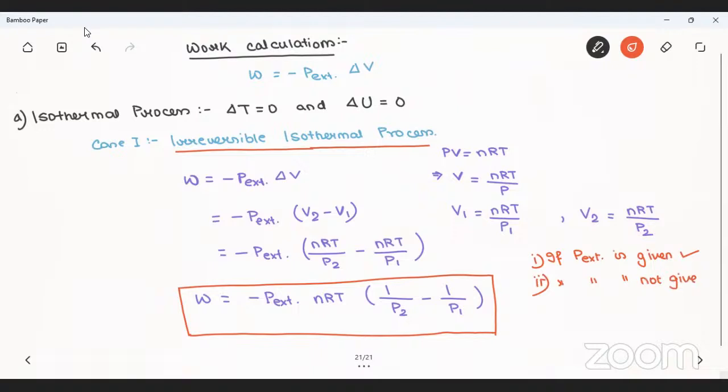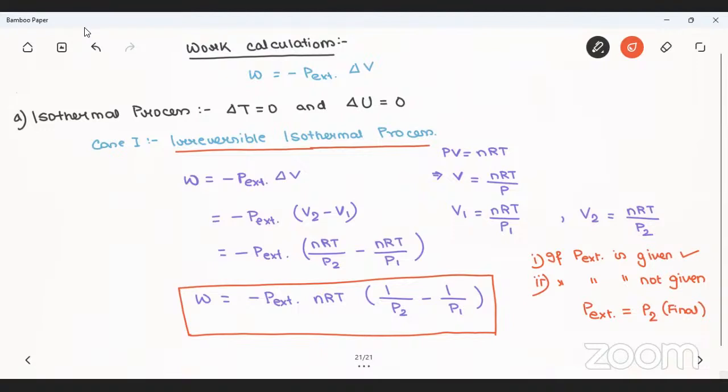Different pressures are given, 2-3 pressures are given. Then in your question, if there is something written as P2 or the final pressure, then consider it to be the P external.